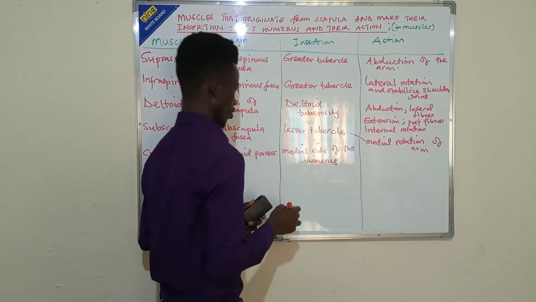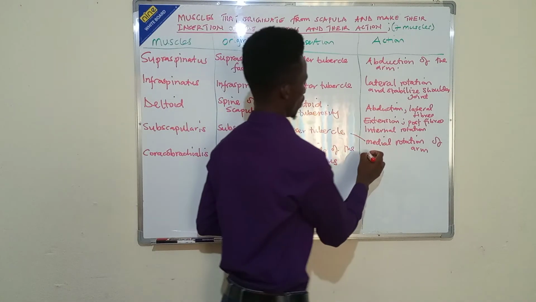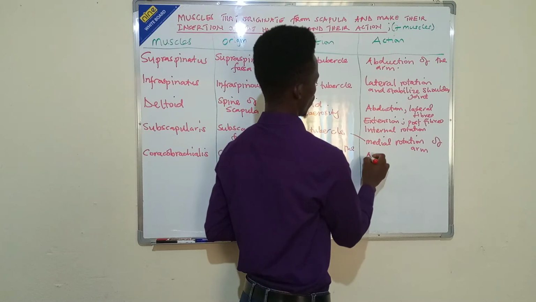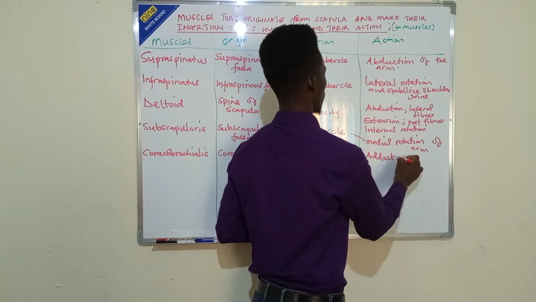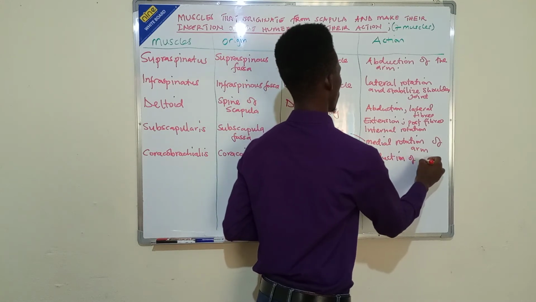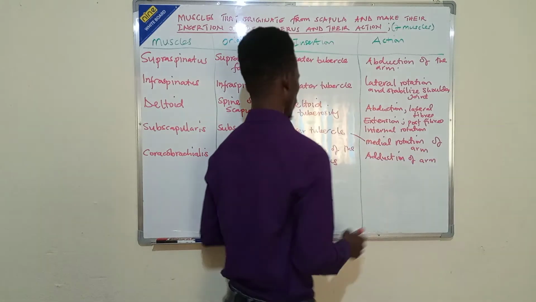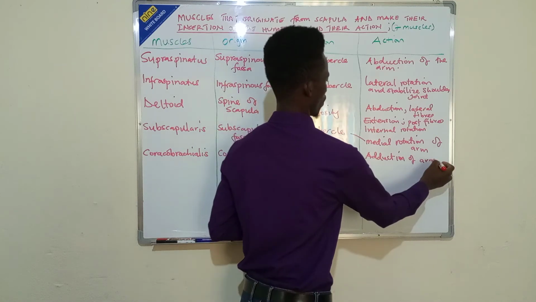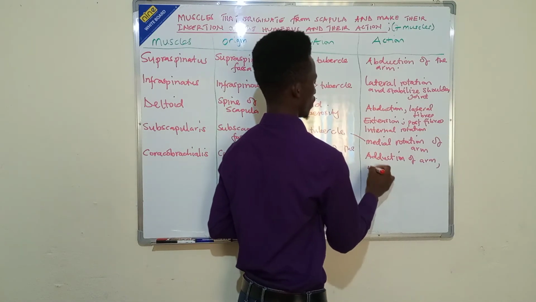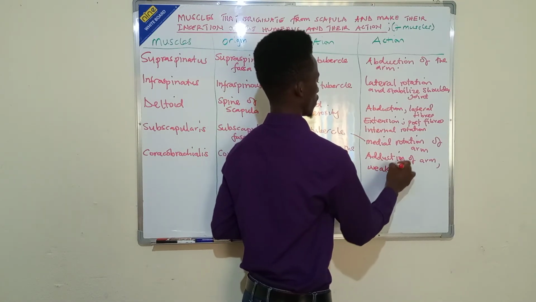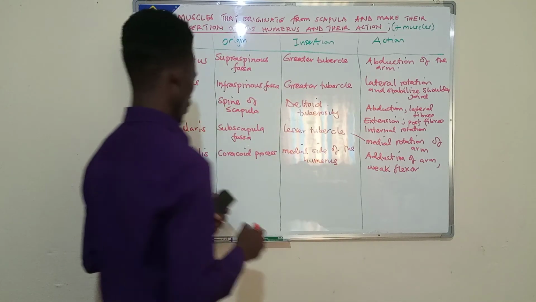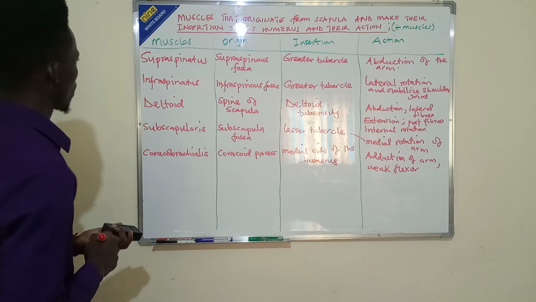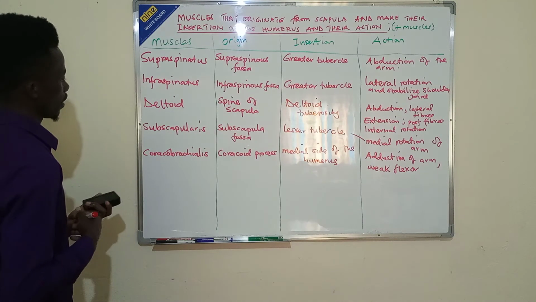This muscle helps to carry out adduction of the arm. It is also a weak flexor, so weakly it can flex the arm depending on the conditions. So that's 1, 2, 3, 4, 5.